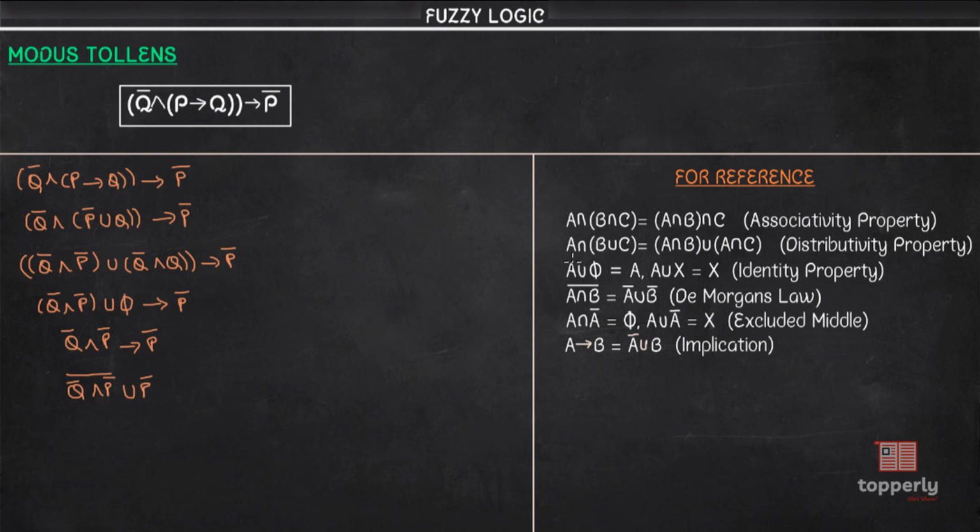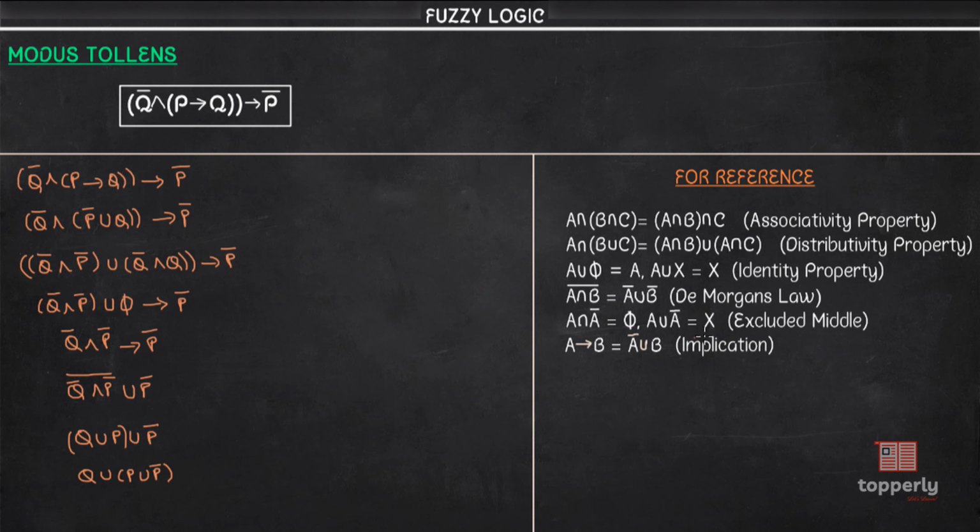And applying De Morgan's law to this, we get Q union P bar. And when we apply associativity to this, we get Q union P bar.